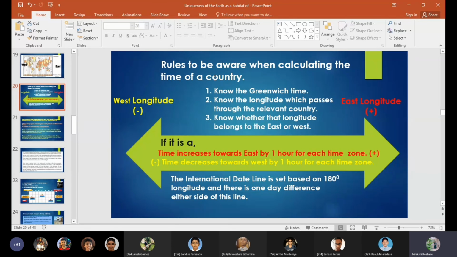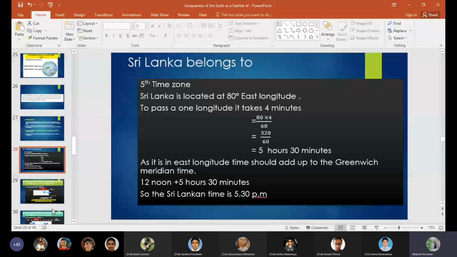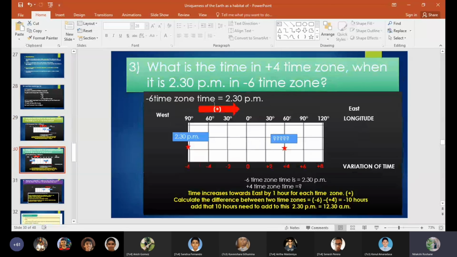So always use the information which is in the question, and try to draw a small sketch. You have to draw the arrow. By knowing the direction, you will know what to do in the question.